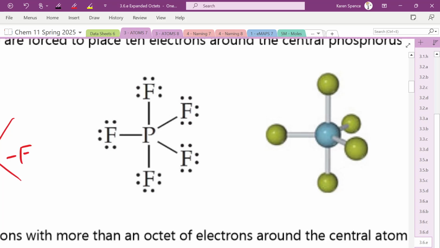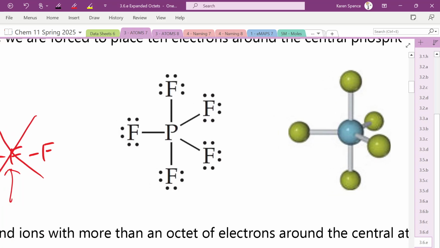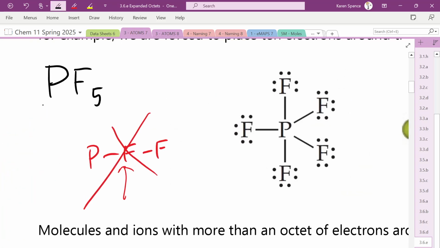Okay? And let's see if our actual number of electrons works out. P has 5 valence electrons. Fluorine, we have 5 times 7. Sorry. Yeah, that's better.